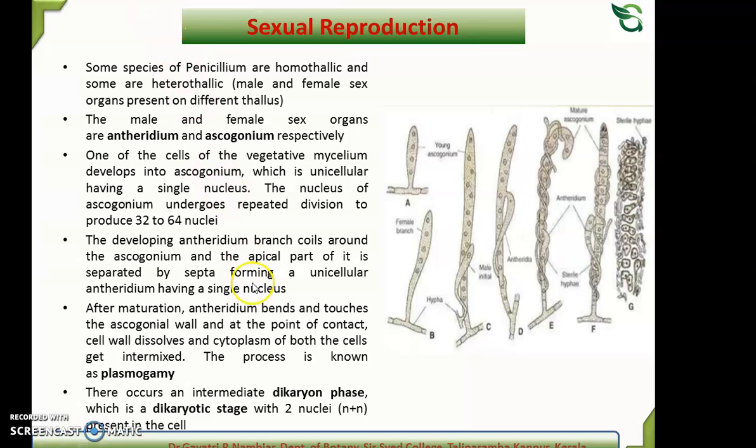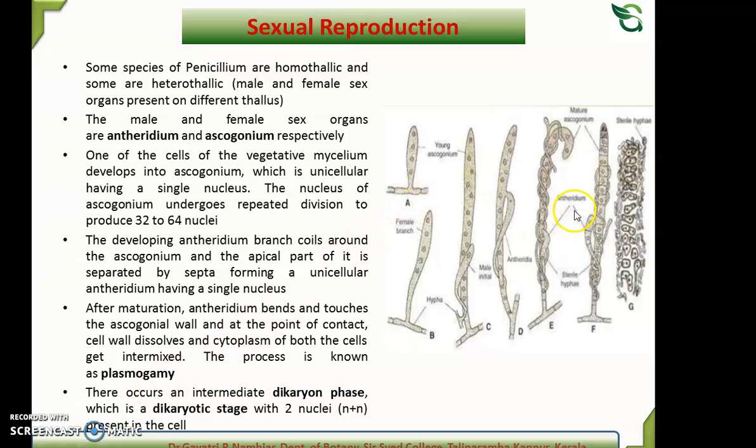So at the time of fertilization, the antheridium gets fully coiled around the ascogonium, and at the point of contact, the tip of the antheridium wall dissolves, and the nucleus from the antheridium moves into the ascogonium. So at the tip, at first the cytoplasm of both antheridium and ascogonium gets mixed, and the process is known as plasmogamy.